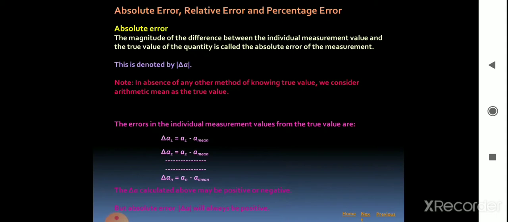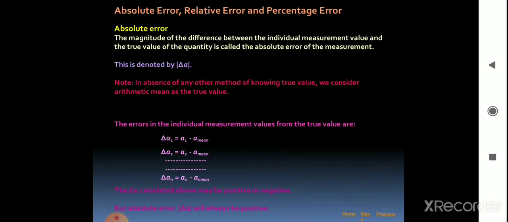True value means it is the actual value of the quantity. Individual measurement, what we are measuring, that value is the individual measurement. Their difference gives the absolute error. It is denoted by modulus of delta A. It is always positive.